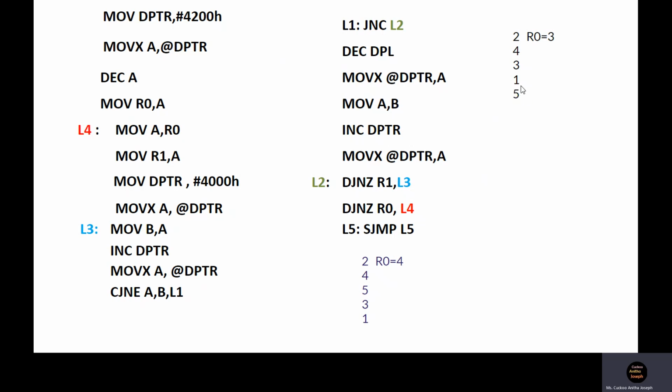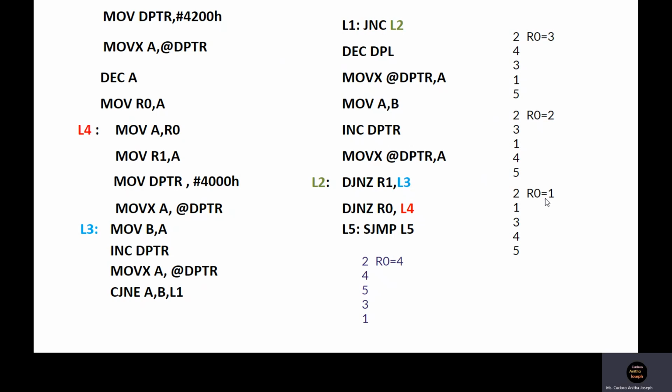The remaining elements are unsorted. Then after the second iteration, R0 will be decremented again. It will contain the value 2. Now, two elements 4 and 5 have occupied their actual positions, their correct positions in the sorted order, that is they are in ascending order. The remaining three elements remain to be sorted.